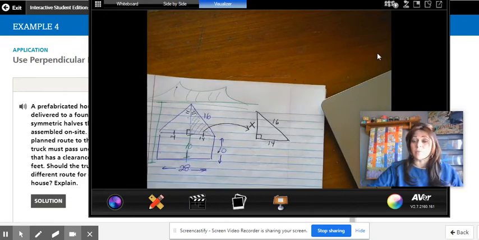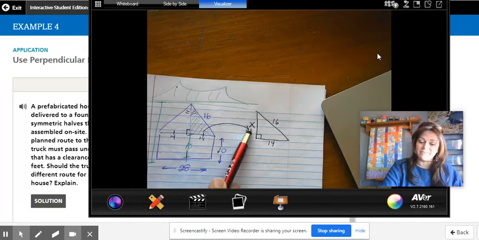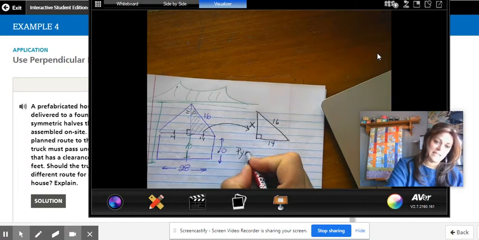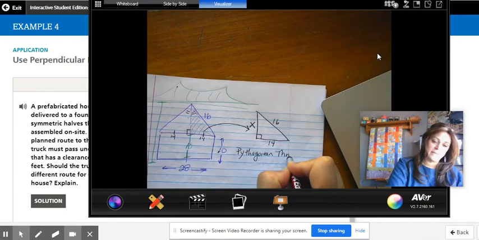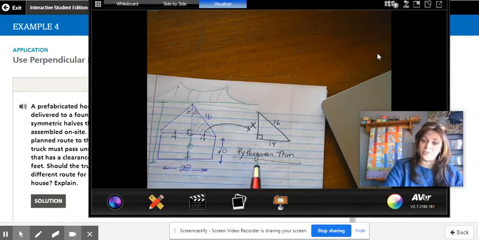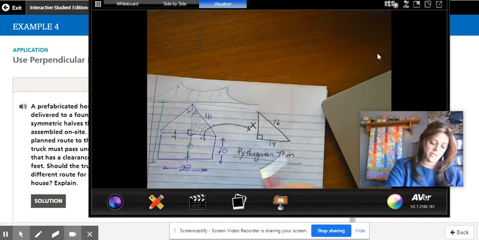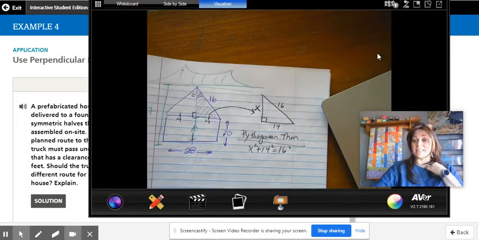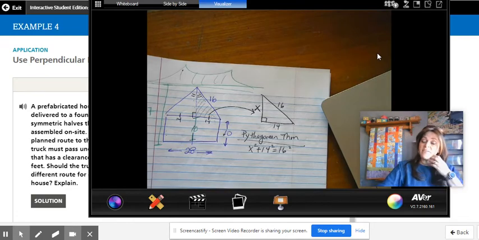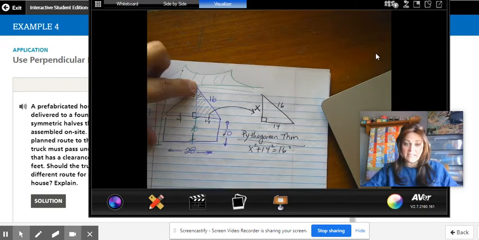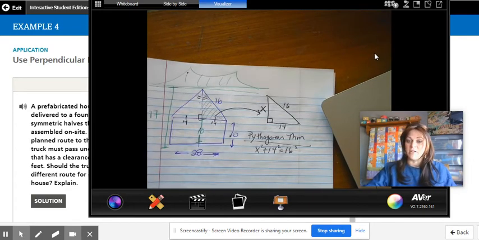I'm really hoping you remember the rule that helps us find that height. Pythagorean theorem. You're going to have to use the Pythagorean theorem. A squared plus B squared equals C squared. And see if your x, once you solve for x, is less than 7. If it's less than 7 to make a total of 17, then you're good and it fits under. If it's more than 7, that's not going to fit under the bridge.